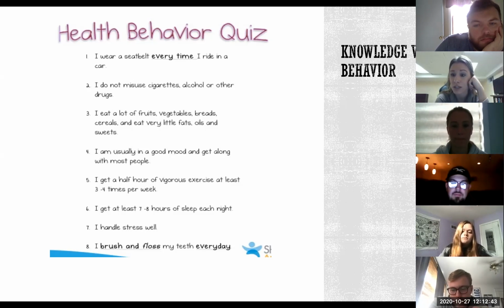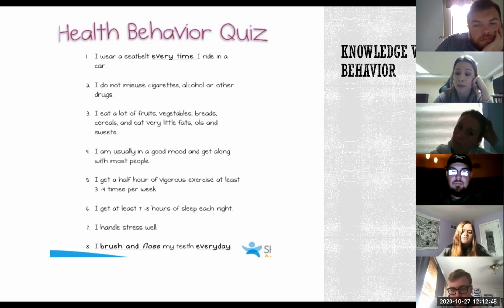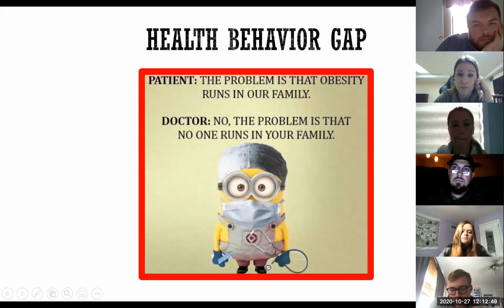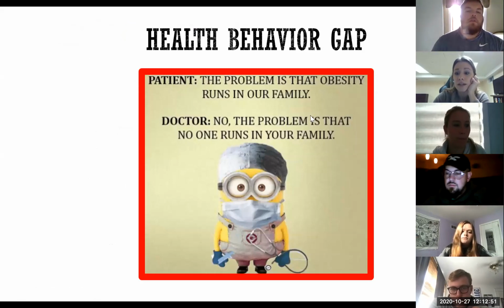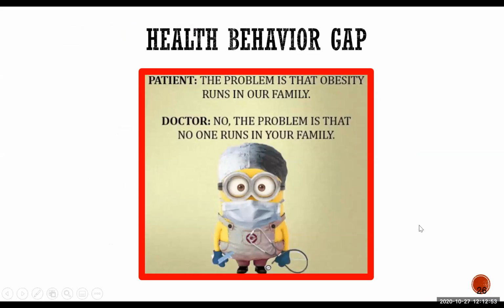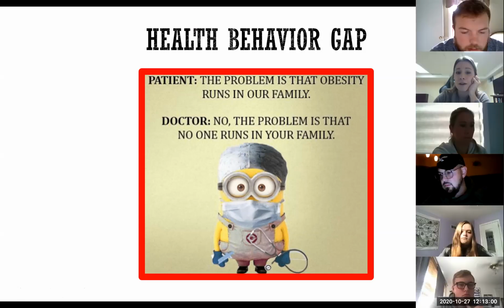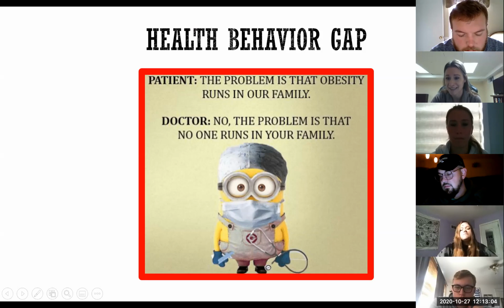And what we want to do here overall in health education is change behavior, right? We want to definitely give knowledge, but change that behavior. Funny little picture here. We have our little minion here, health behavior gap, right? So the patient says, the problem is not that obesity runs in our family. And the doctor says, no, the problem is that no one runs in your family, right?